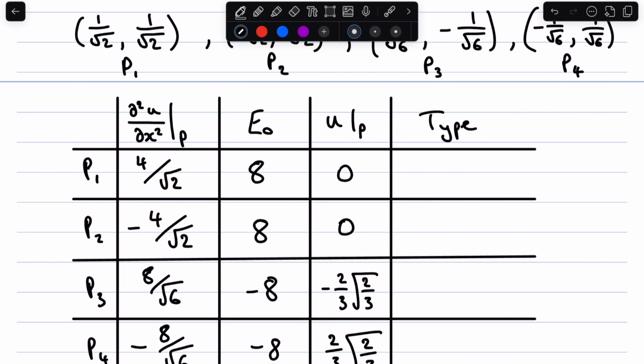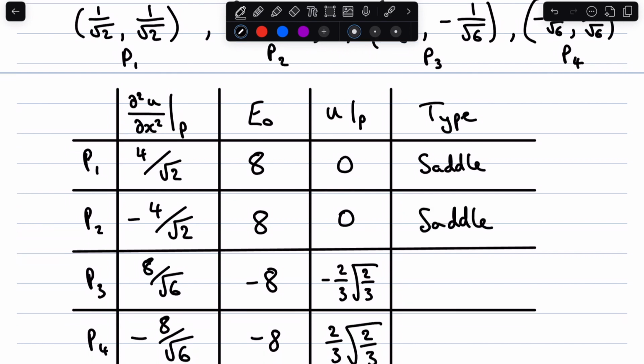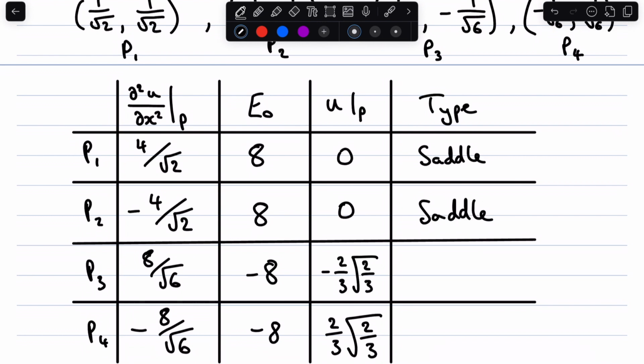So for point 1, 1 over root 2, 1 over root 2, we have E0 being positive, therefore instantly we can ignore this whole section, and we know that's going to be a saddle point. Next, again, E0 is positive, so we know that's going to be a saddle point as well. And these are both located where u is 0, so it's a height 0 above the xy plane.